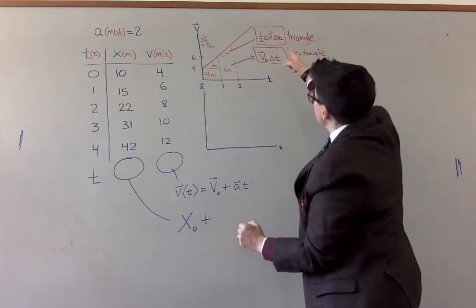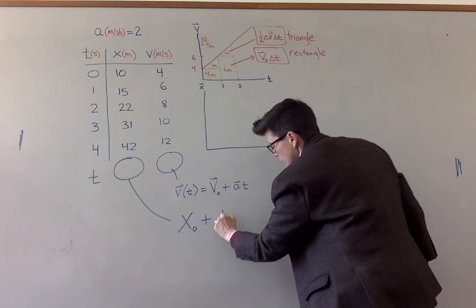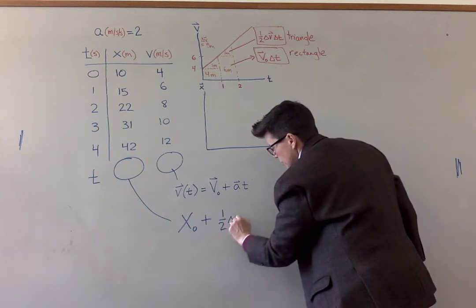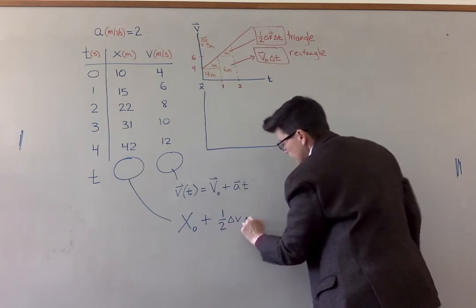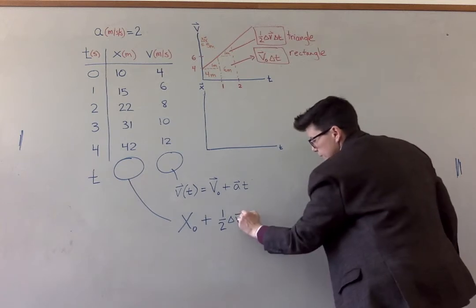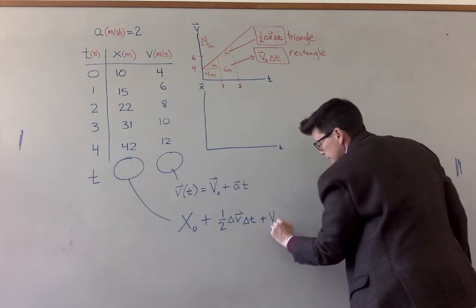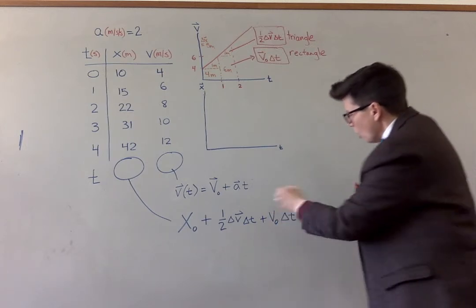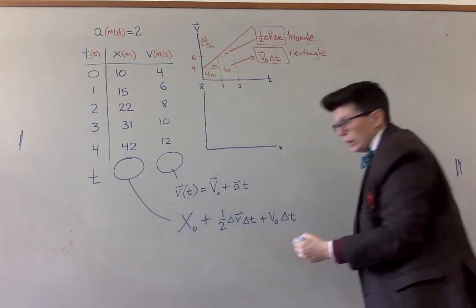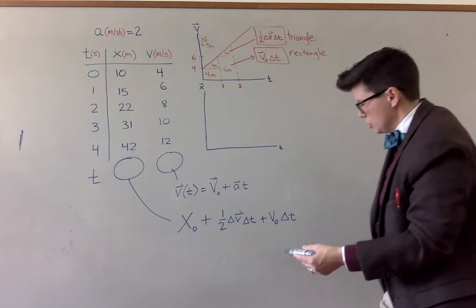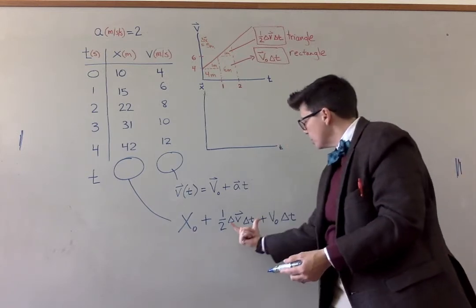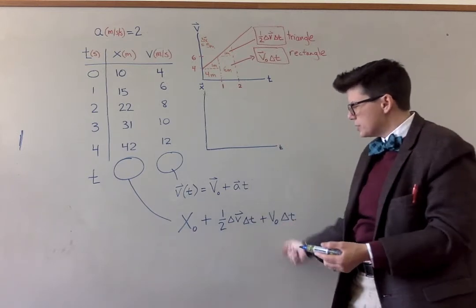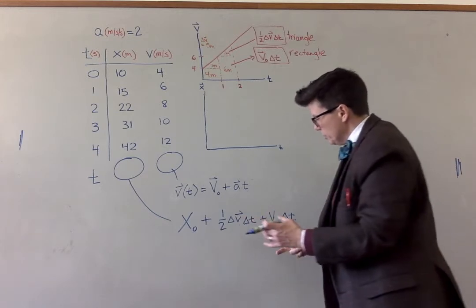So let's do the triangle first. Then the rectangle. Okay. All of this together represents a new position. So it's the starting position plus the area of the triangle plus the area of the rectangle. Give me the position in the future.